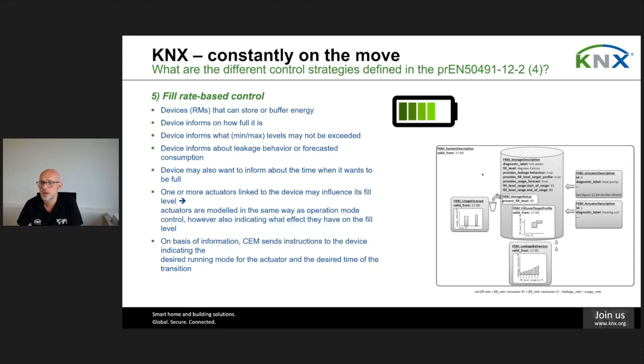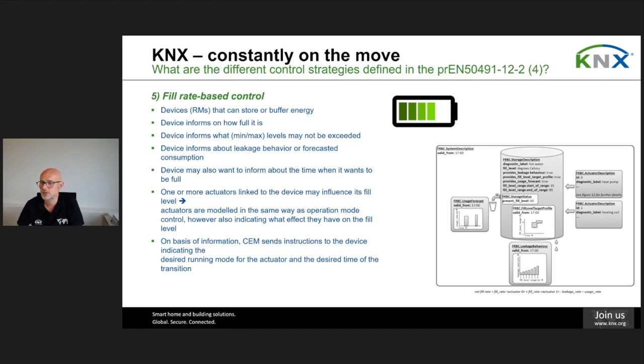An electric car, for instance, could say, I really need the car to be ready by 7 o'clock in the morning because I want to drive to work. And one or more actuators, again a bit the same as the previous control type, may influence how full the storage is.